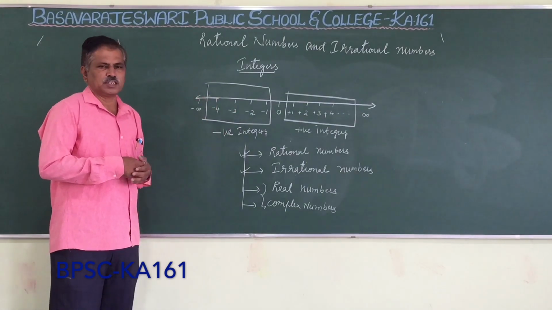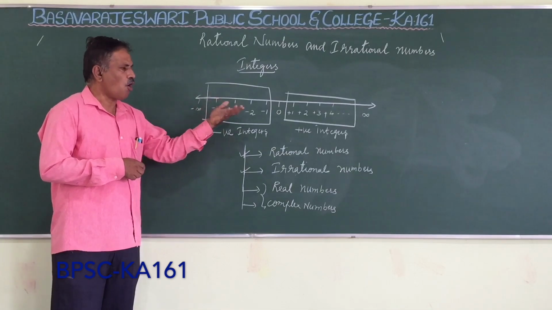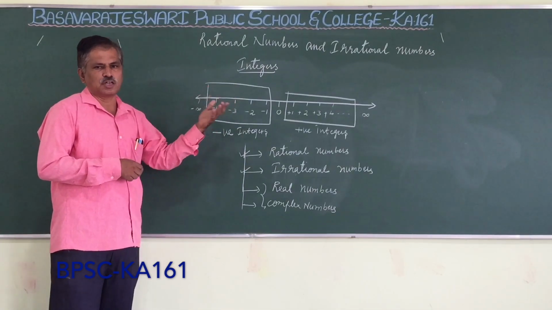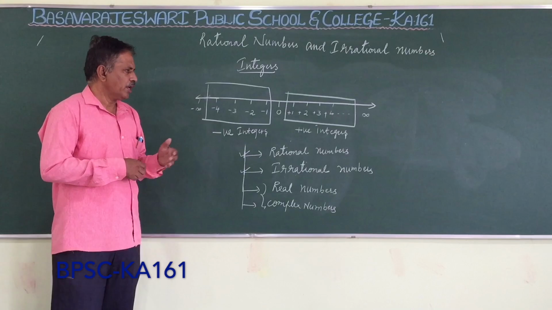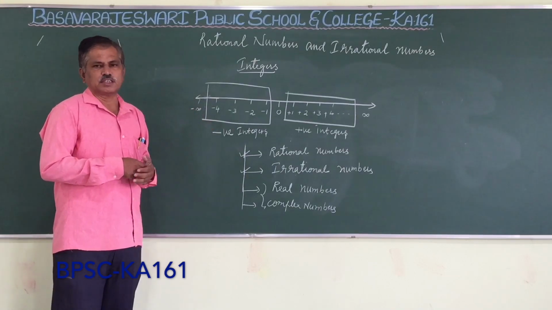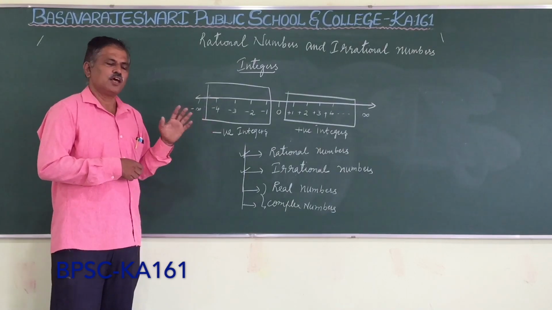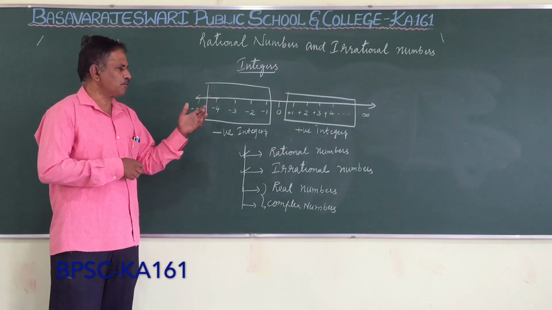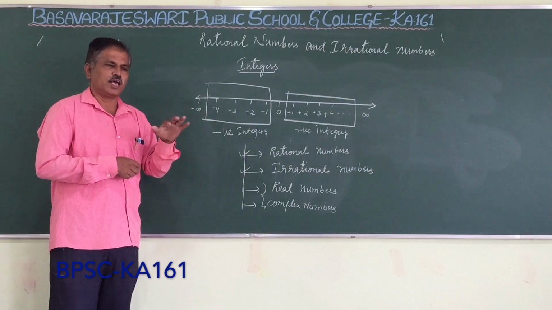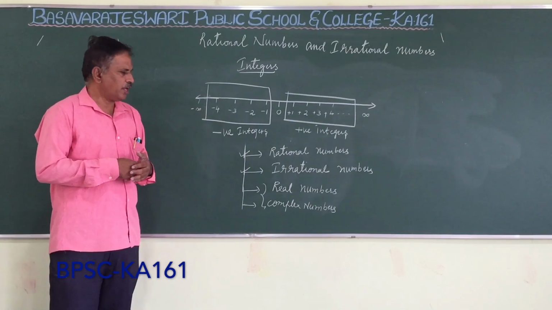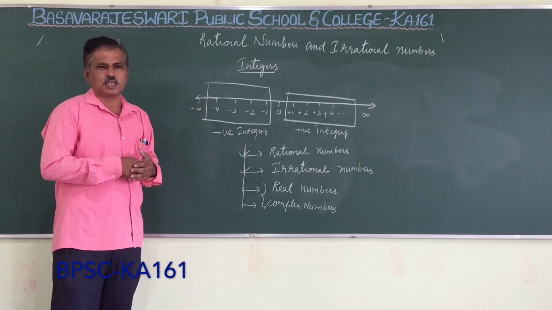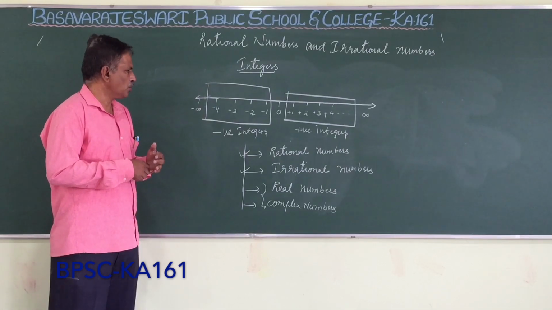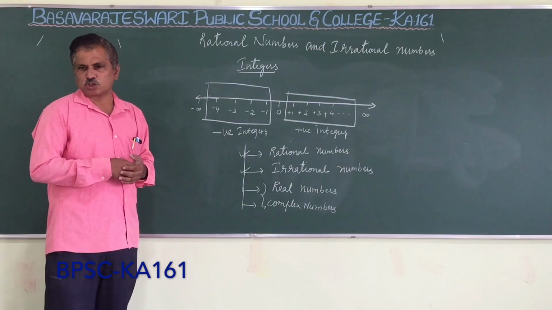Positive integers are all counting numbers, or all natural numbers, and negative integers are the mirror image of the positive integers. The example for positive integers are all natural numbers 1, 2, 3, 4 up to infinity. For negative integers, it is -1, -2, -3, -4 and so on.